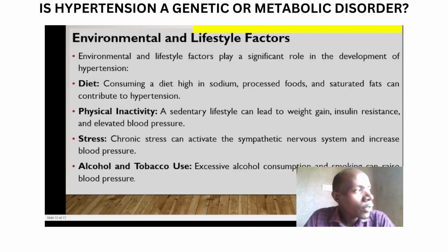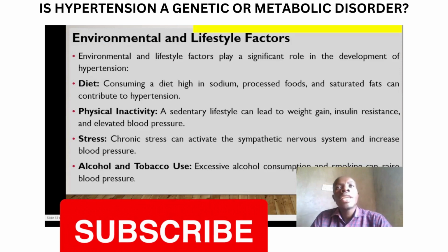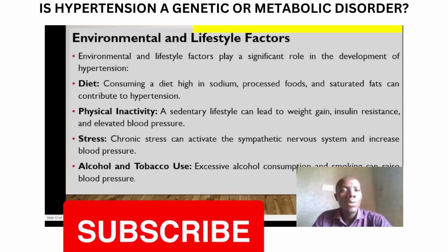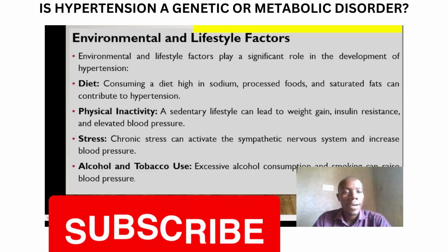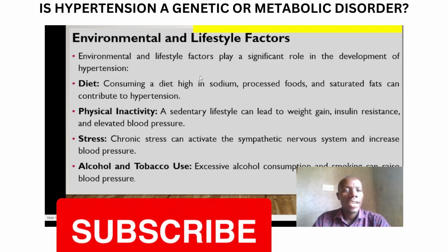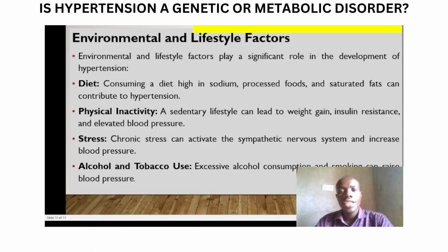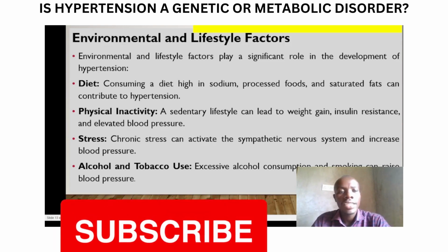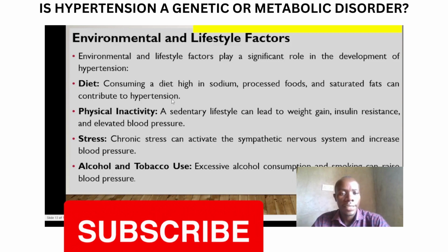So environmental, after looking at both genetic and metabolic, it's high time we also look at environmental and lifestyle factors. They also play a role in the development of hypertension. First one is diet. Studies have shown that a diet high in sodium, processed foods, and saturated fats can contribute to hypertension.